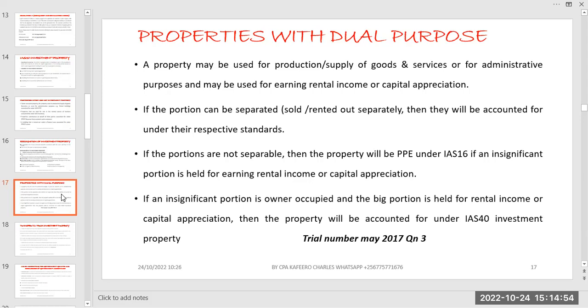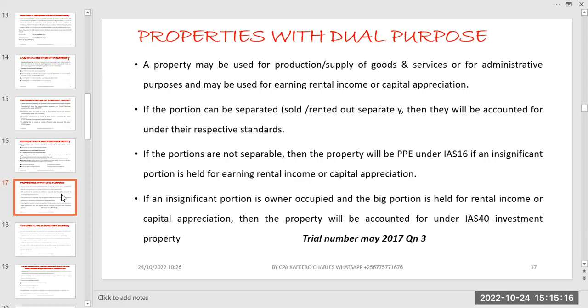Then the gist is, how do we treat those assets that are dual purpose? We rent them out, and at the same time they are used in the business. We use them for capital appreciation, and at the same time we use them as a head office.